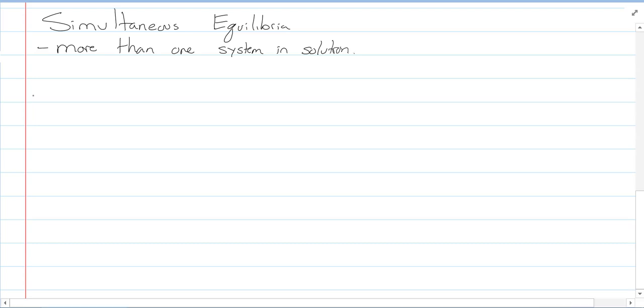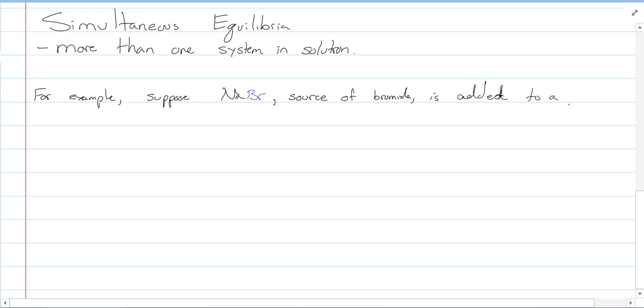So for example, suppose sodium bromide, NaBr, which is a source of bromide, is added to a solution of silver chloride.